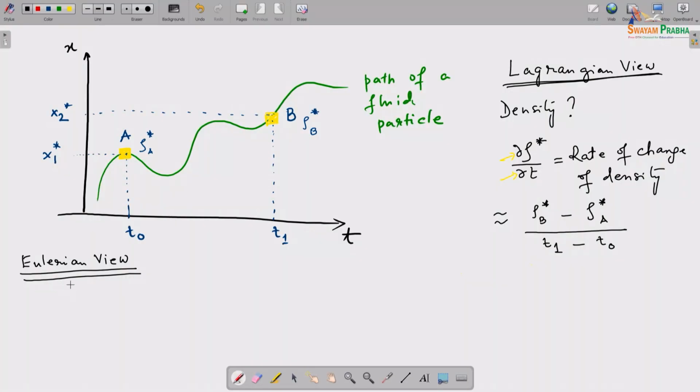Now, as the fluid moves from location A to location B, from the Eulerian view, what is the total change in velocity?